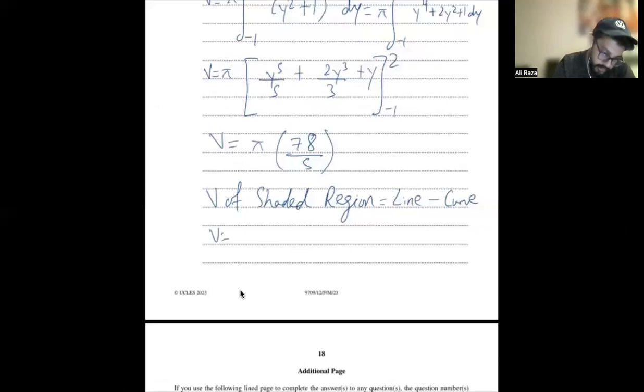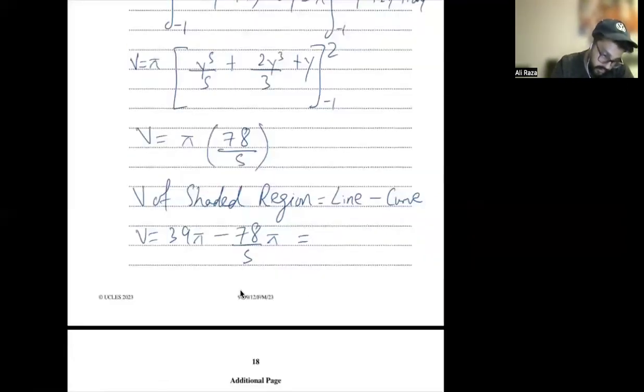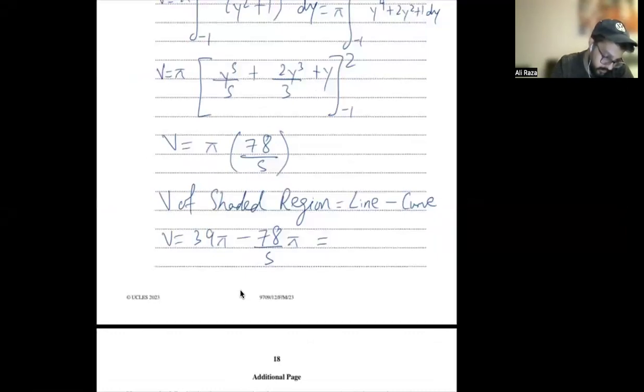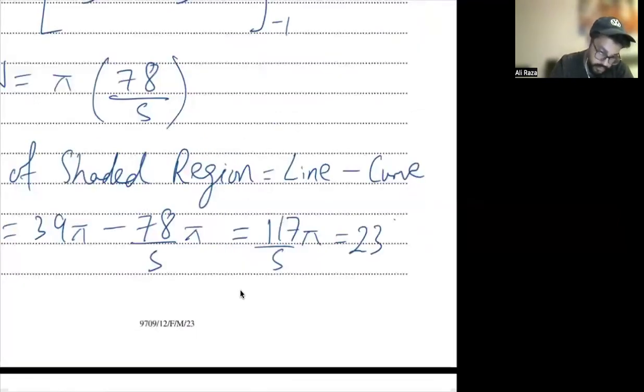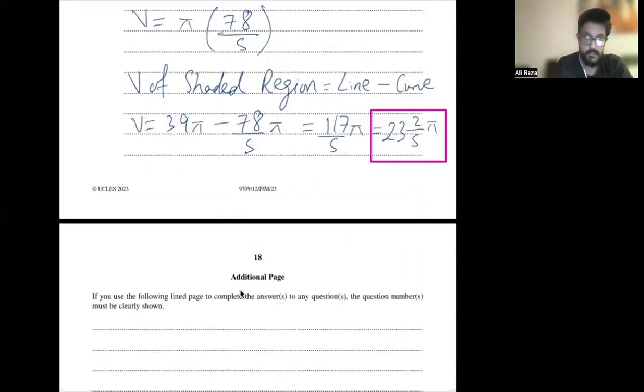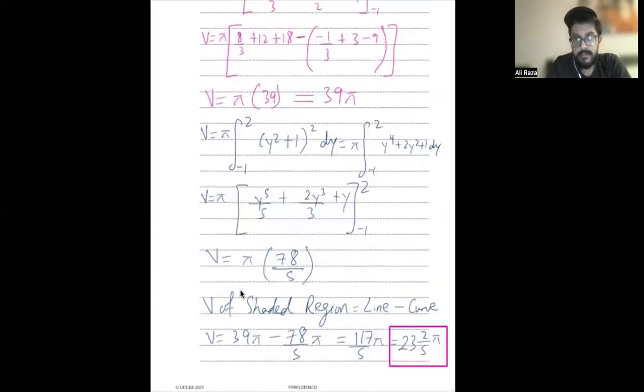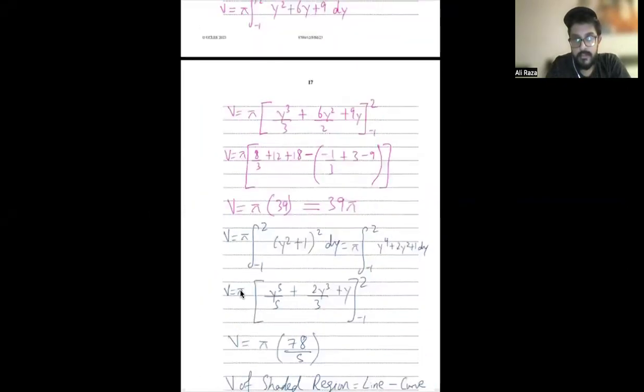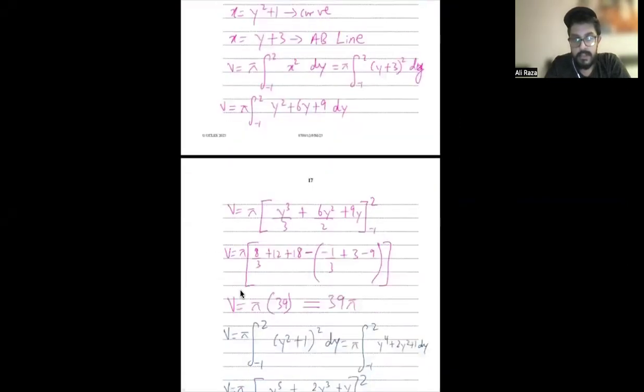The volume is equal to 39 pi minus 78 upon 5 pi, which gives us 117 over 5, which gives us 23 whole 2 upon 5 pi as the volume. This is the end of this exam.